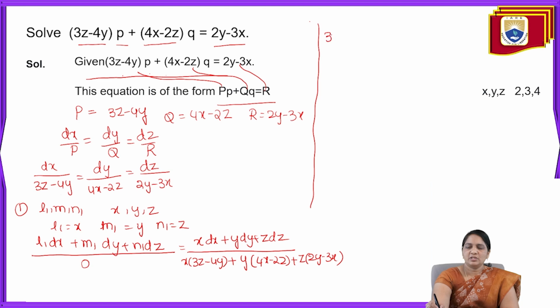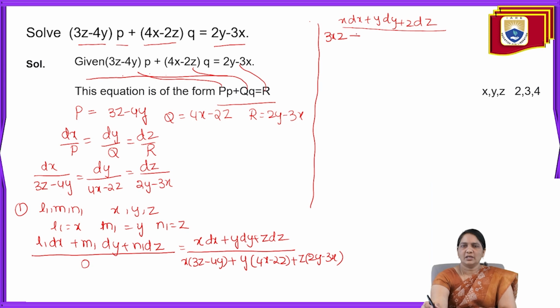So 3xz minus x into dx plus y into dy plus z into dz by 3xz minus 4xy plus 4xy minus 2yz plus 2yz minus 3xz.